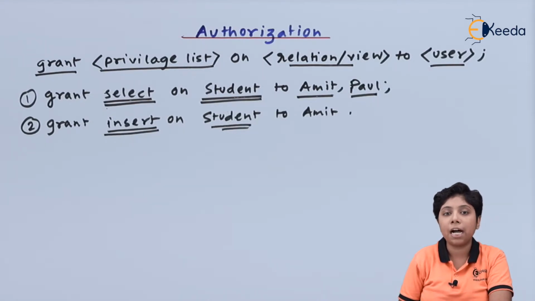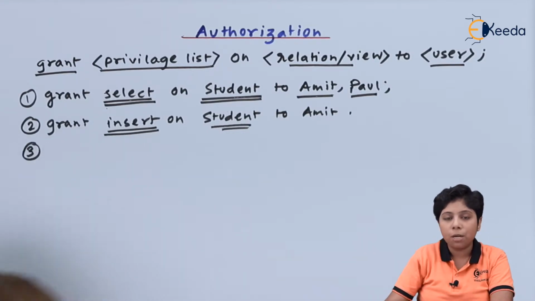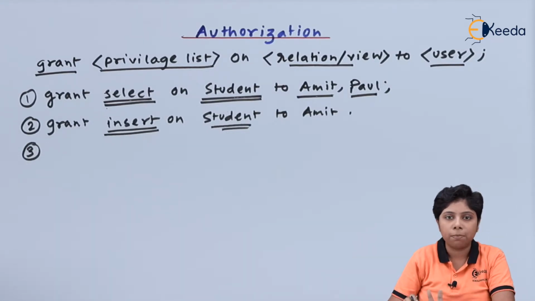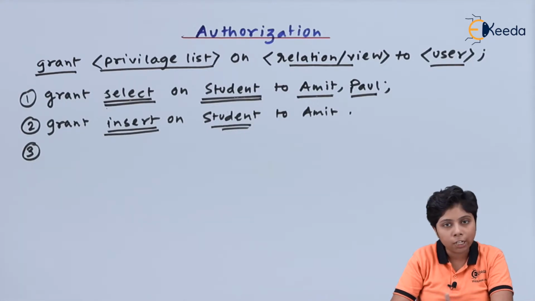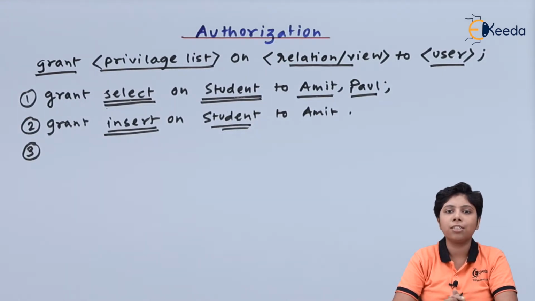The next is the update privilege. The update privilege provides two types: we can update all the attributes on a relation, or we can update a particular attribute on a relation. Say a clerk who is seeing the relation instructor can only change the department of the instructor, not the salary or ID of the instructor.